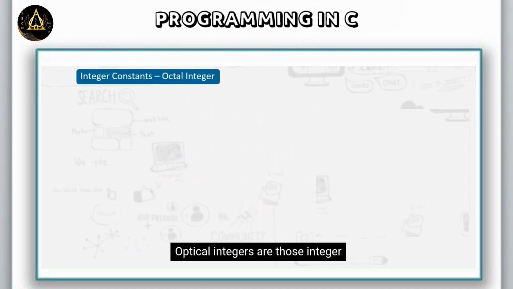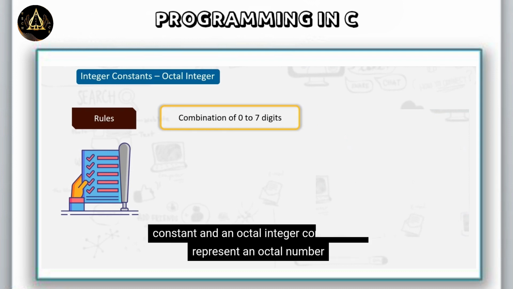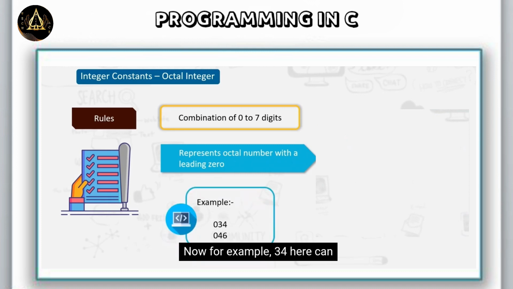Octal integers are those integer constants which are formed within the combination of 0 through 7 digits. To differentiate a decimal integer constant and an octal integer constant, we represent an octal number with a leading 0. For example, 34 here can be a decimal number because it is formed within the combination of 0 through 9 digits, or it can also be an octal integer because it is formed within the combination of 0 through 7 digits.